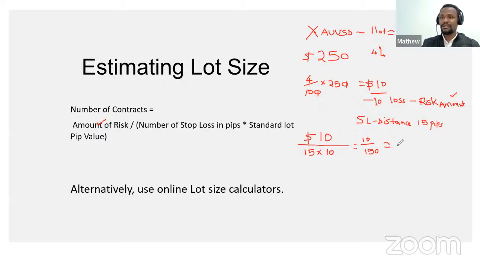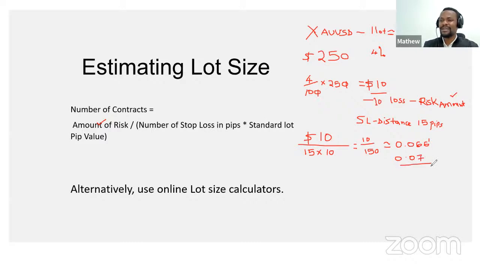0.06, giving us 0.066, moving all the way. It's recurring. But if you round up, it's going to be 0.07, something like that.